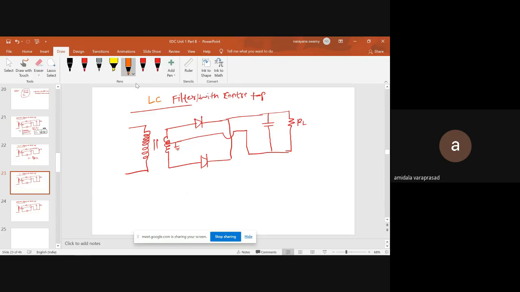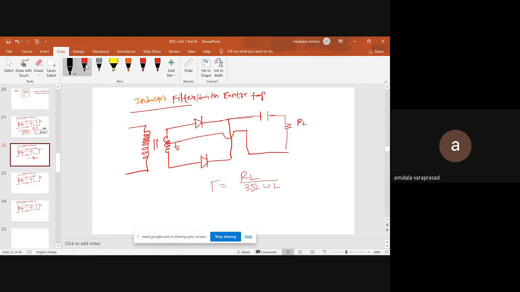In the LC filter, first L will be there, later C will be there. Sorry, I drew it wrongly here. Here RL, for the inductor I have to draw it like this, sorry.